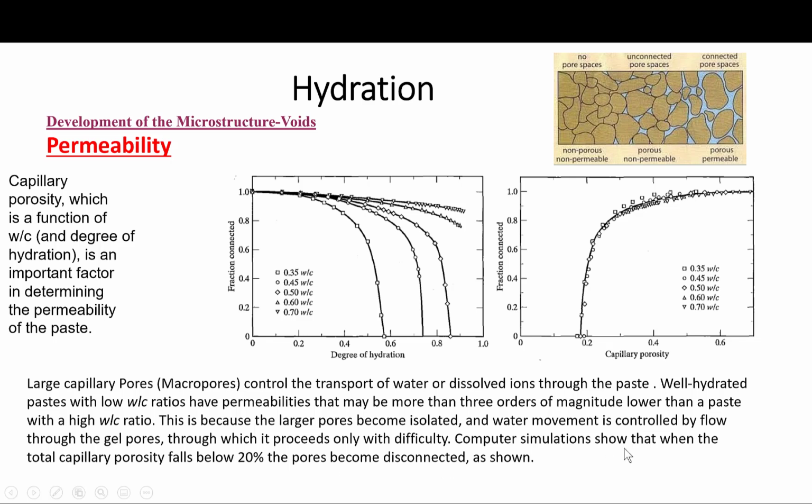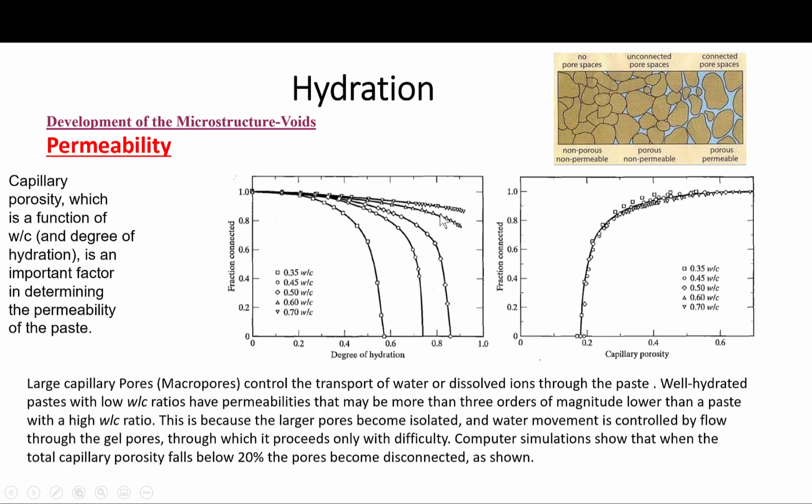Computer simulations have shown that when the total capillary porosity falls below 20%, as you can see in this figure here, the pores become disconnected, as shown here. So basically, if you look at these graphs, I'll talk about them. This one is a graph between the degree of hydration and the fraction connected for various water cement ratios.